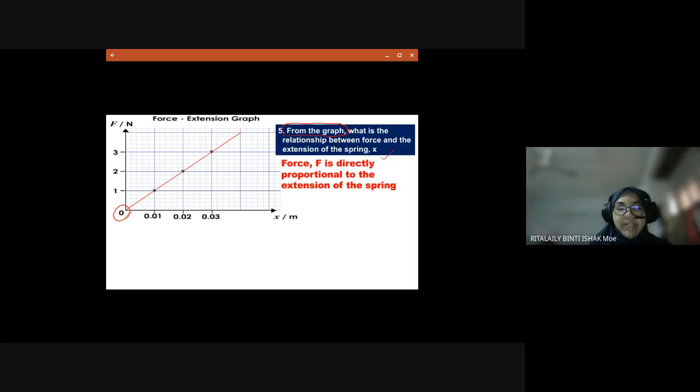Okay. So the next one, discussion. State the physical quantity represented by the gradient of the graph. Tadi apa yang saya kata? Gradient of the graph is known as, Kavitra. Gradient of the graph represent what we call as, apa tadi, Kavitra?